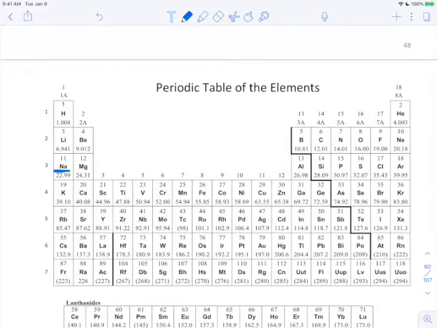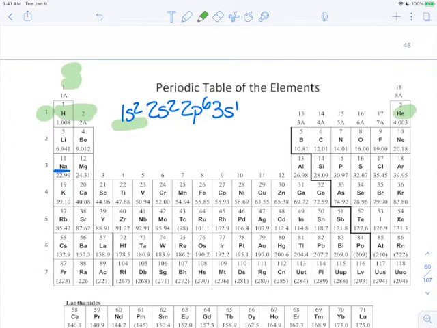Excellent. All right. So I'm hearing 1s2, 2s2, 2p6, and 3s1. So let's go over how we got that. First row, S block, and we have 2 elements, and that's the 1s2. Then second row, S block, and we had 2 elements. That is our 2s2.